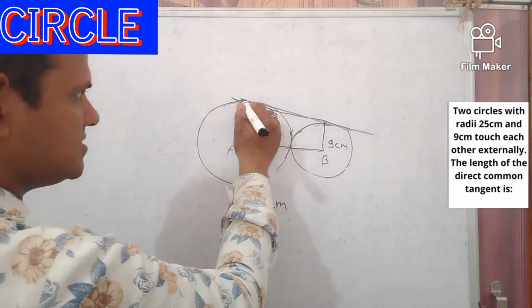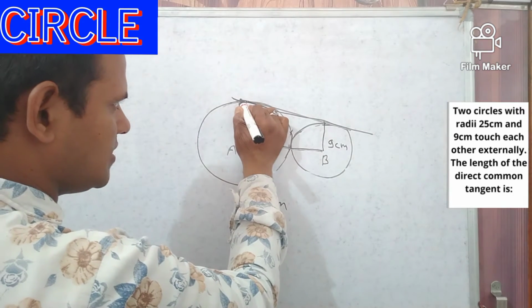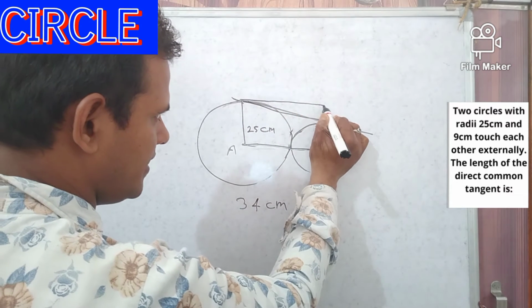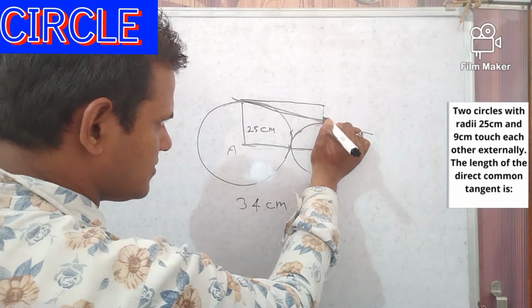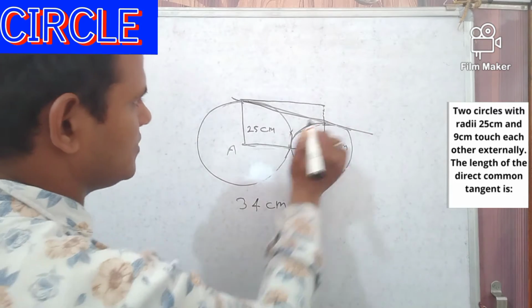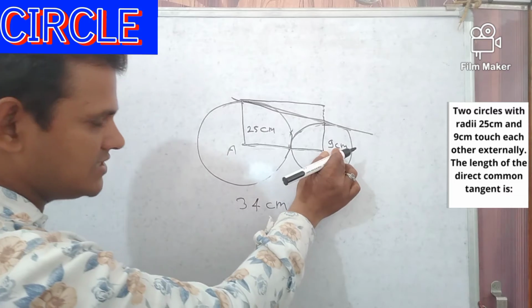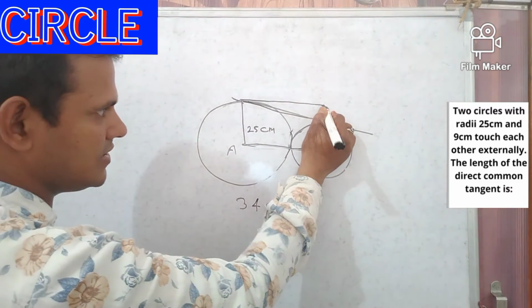Now draw a parallel line and touch here. This is 25 centimeter, here 9 centimeter. So what will be here to here?